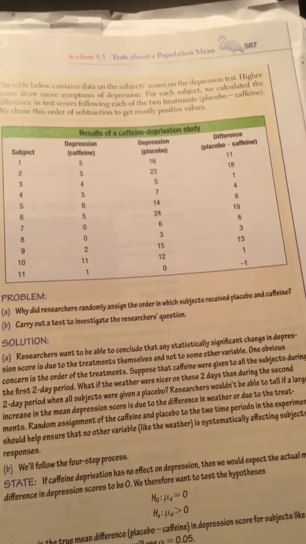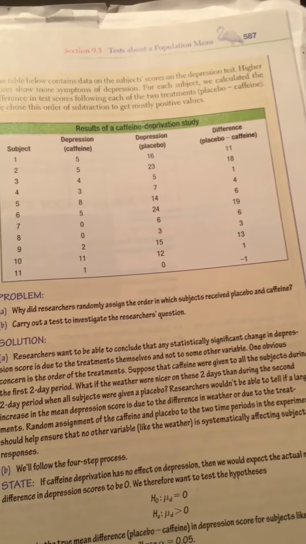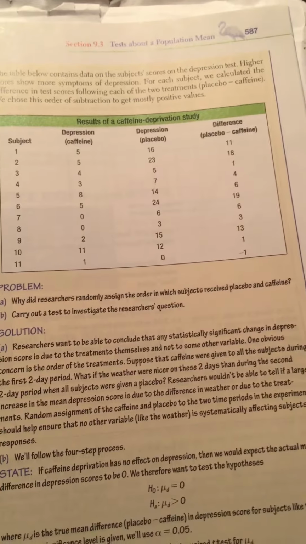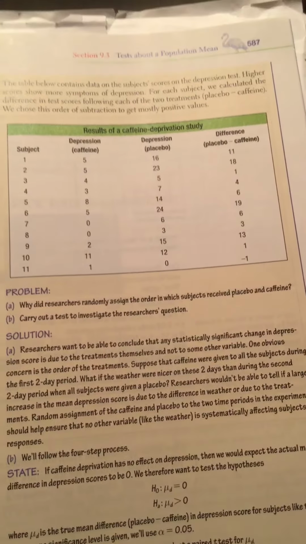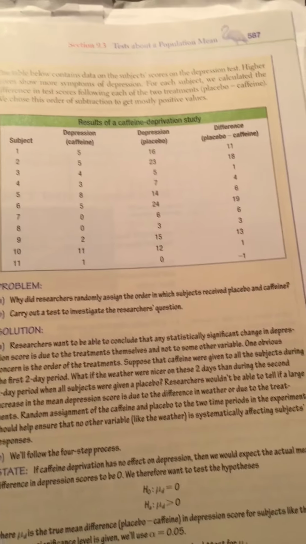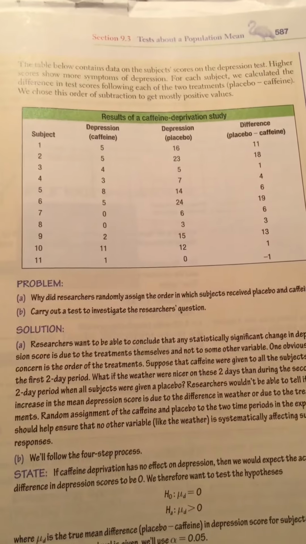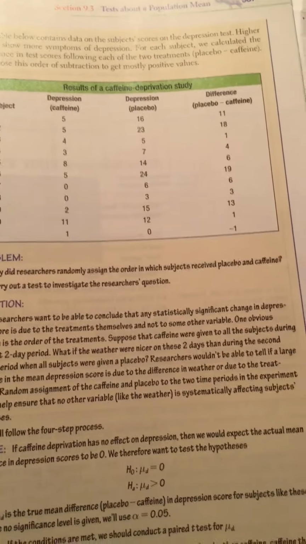There's some kind of a reading in integers for people having a certain condition, taking caffeine, taking a placebo, and a measurement is made, and an integer valuation is ascertained. In this case, there are only 11 subjects.